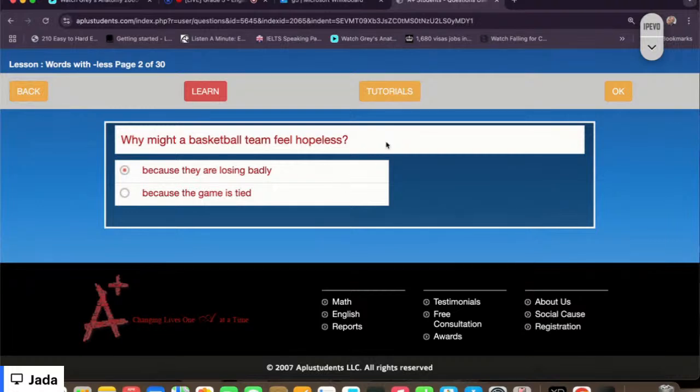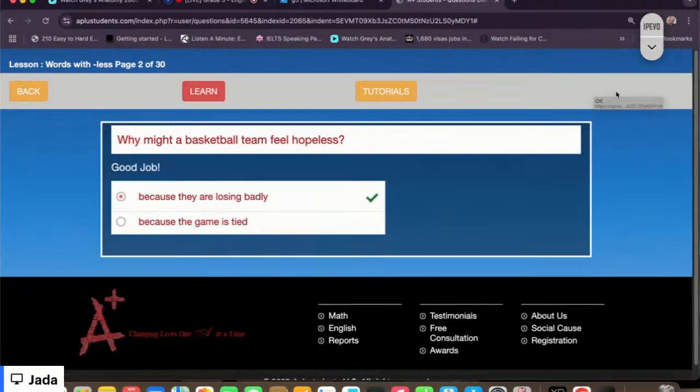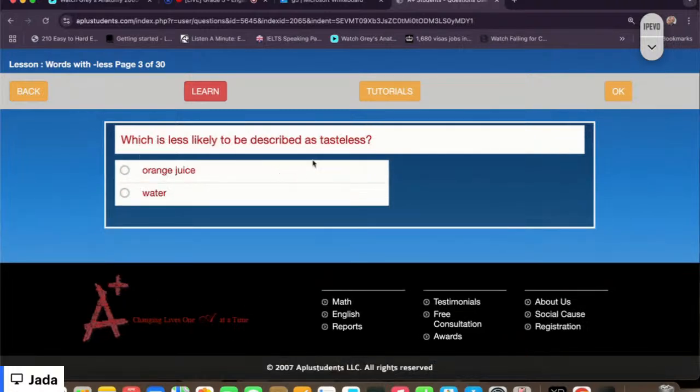Because they're losing badly, they would feel hopeless. Okay, so we have which is less likely to be described as tasteless, orange juice or water?